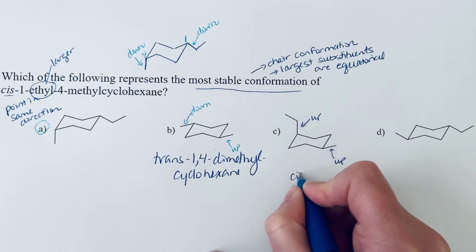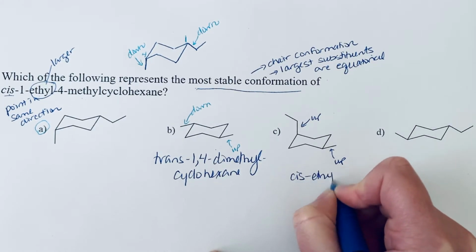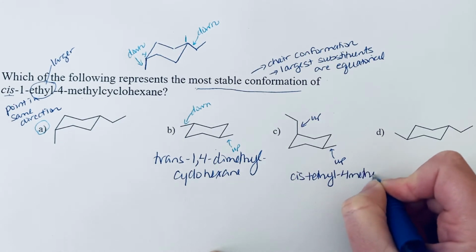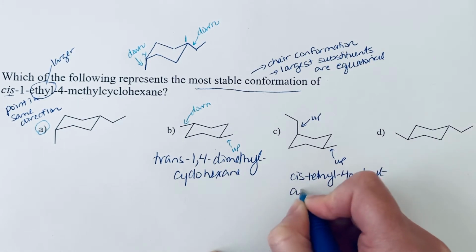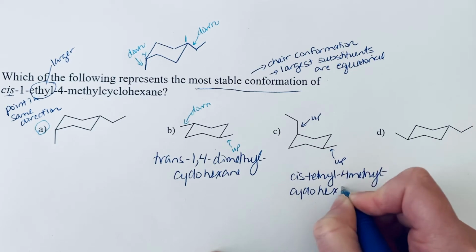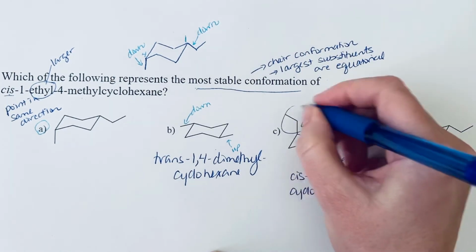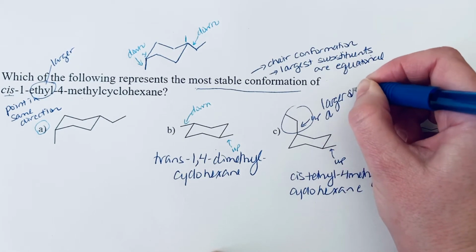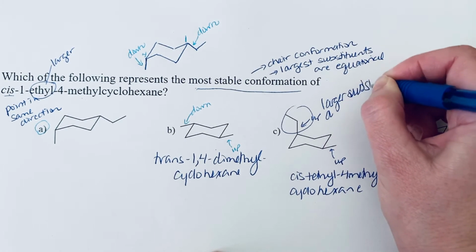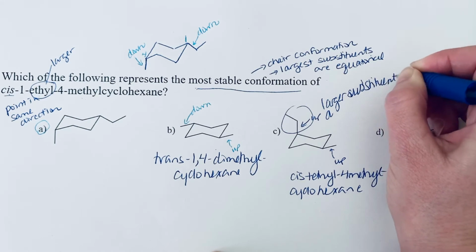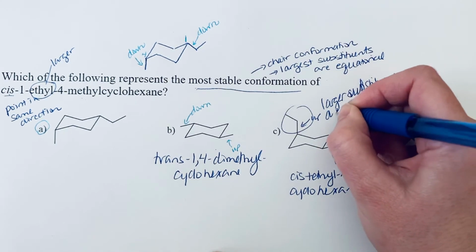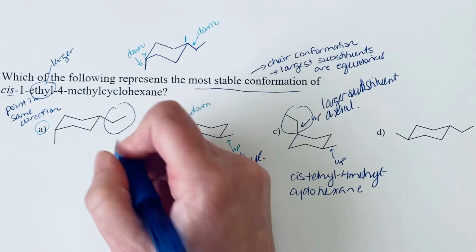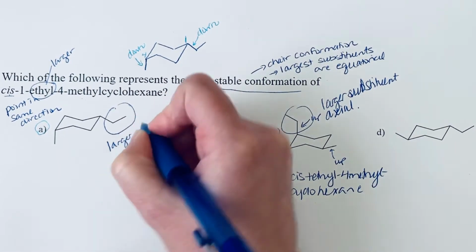So this is the right molecule, but it has the larger substituent axial, and that is not what we want. So having the larger substituent equatorial is what we were looking for.